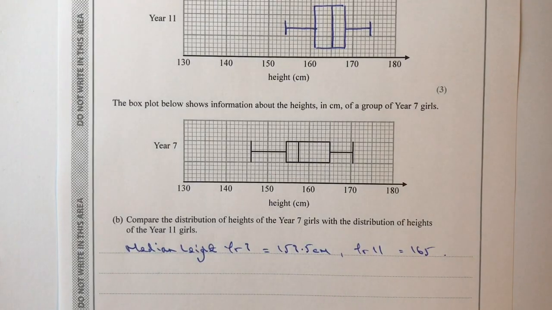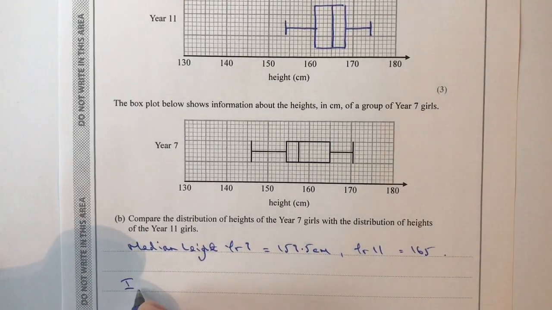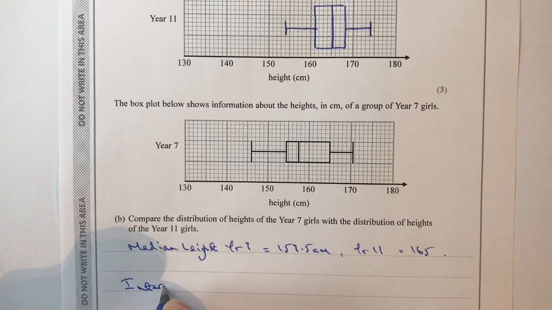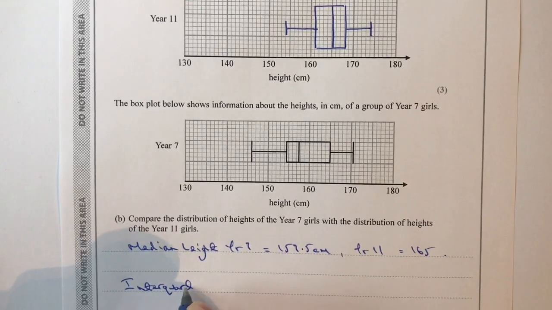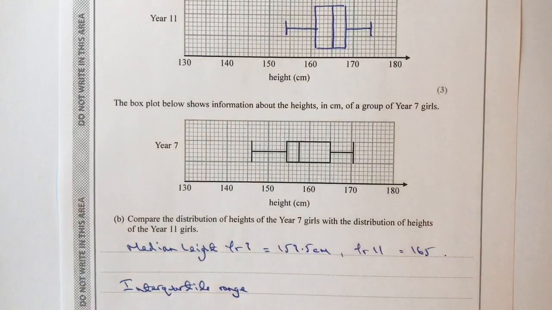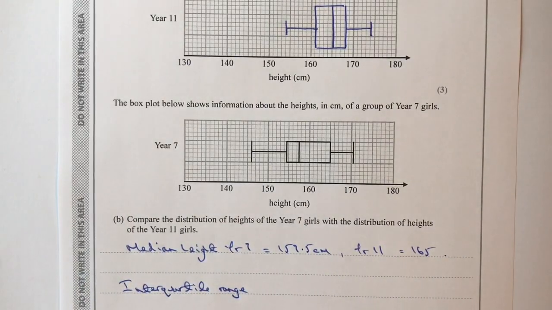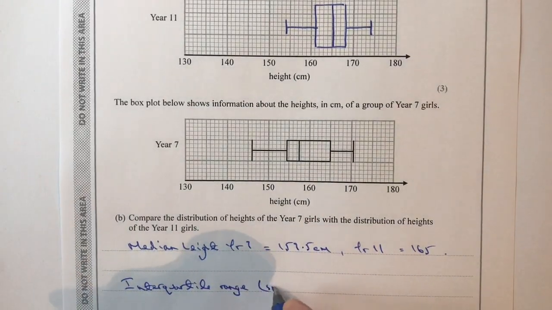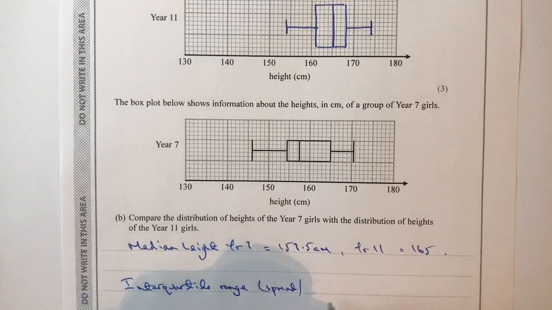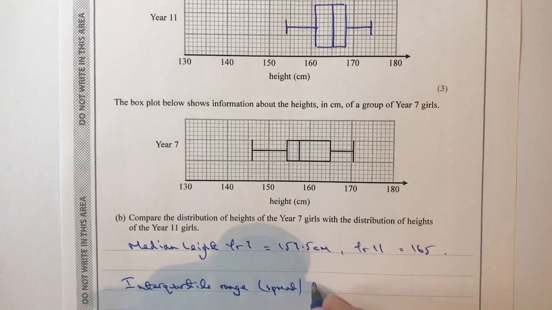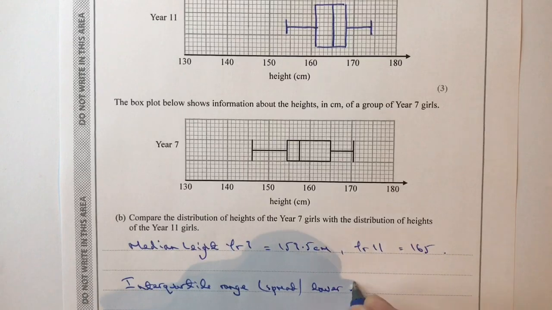My second one is, I would say, the interquartile range. If we look at the interquartile range, which is basically the spread, it is lower for year 11.